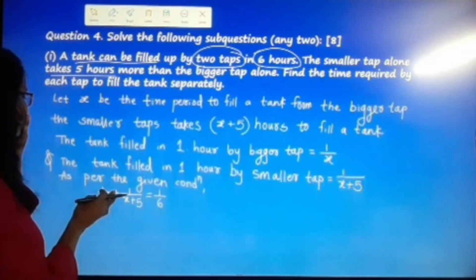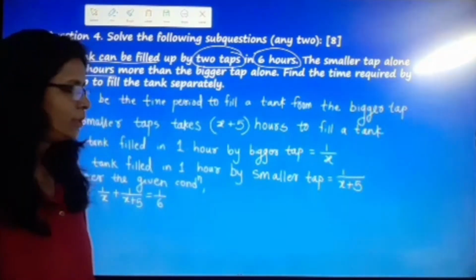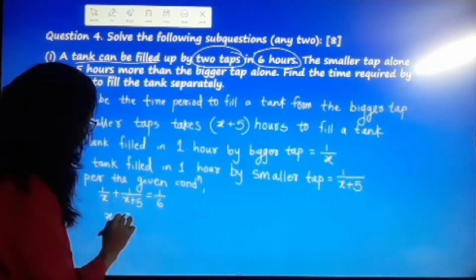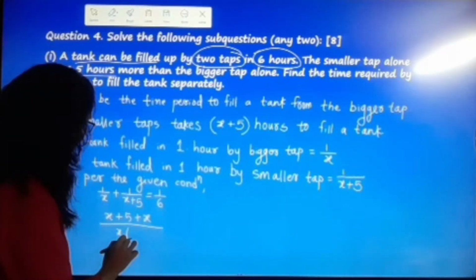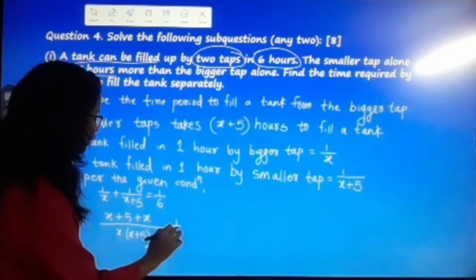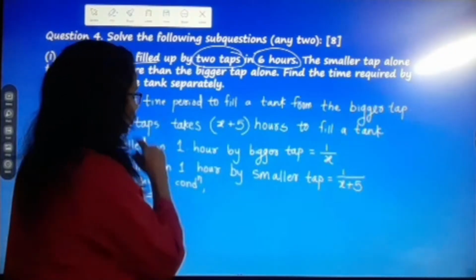Now we have to solve it, then we can get the answer. Cross multiplication: x plus 5 plus x upon x multiplied by x plus 5 is equal to 1 upon 6.